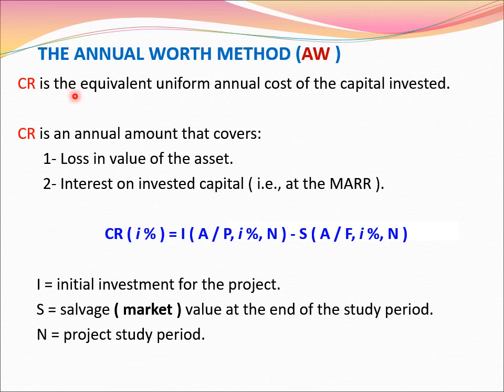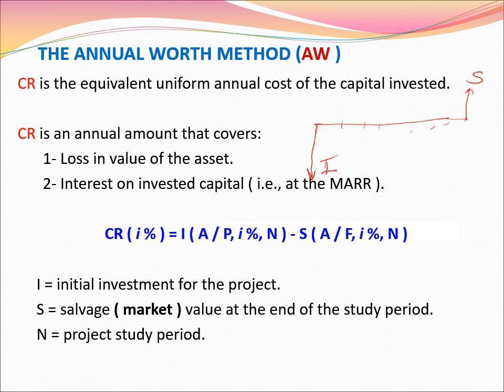Usually in these business projects, you have some initial investment to buy land, construct a building, buy equipment, and so on. At the end of the project lifetime, what will happen to these equipment, machines, the building, the land? You can sell them in the second-hand market.